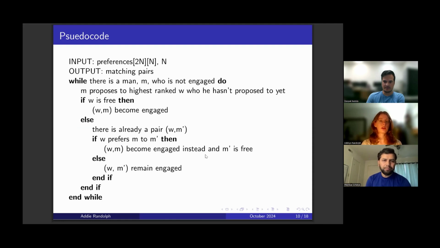It would be the same thing, except instead of men and women, you would have colleges and applicants. And then you would just have to edit it so that there's a limit to how many students a college accepts. So if they wanted to only accept 2 students, then they would have to limit that.